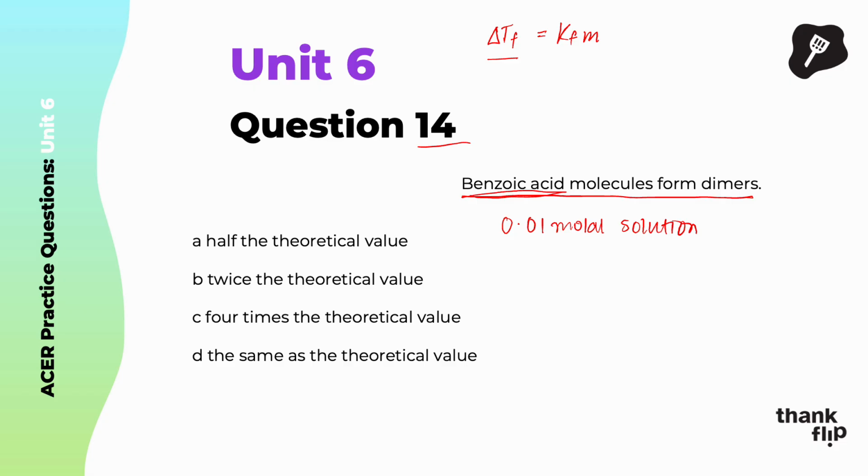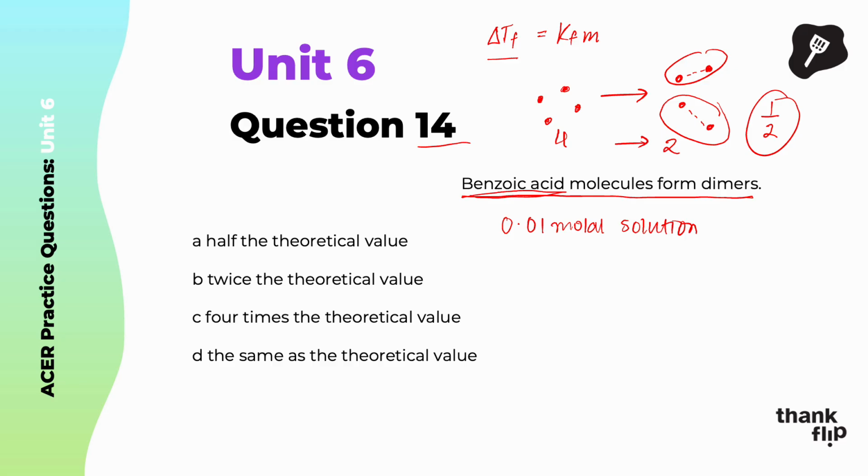But benzoic acid forms a dimer. So say you have 1, 2, 3, 4 moles of benzoic acid. They will form dimers such that you only have 2 particles. So from 4, you went to 2, right? So the dimerization halved the number of particles, okay?